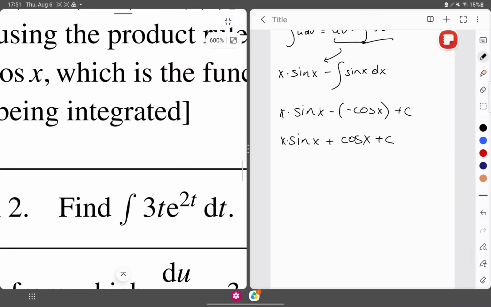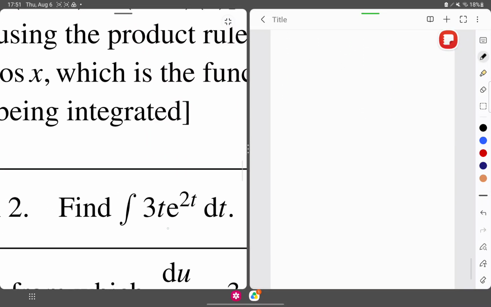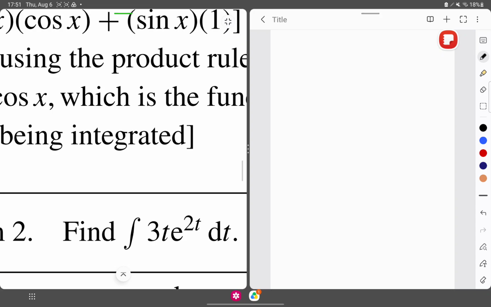Oh my gosh. I want to write with x, not t, because this topic is so new for me and I don't want to confuse myself. So actually it doesn't matter, but I will do it like this: the integral of 3x times e to the power of 2x dx. It is the same thing, but as I said, I don't want to confuse myself.